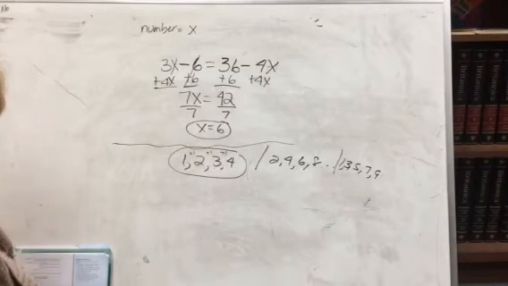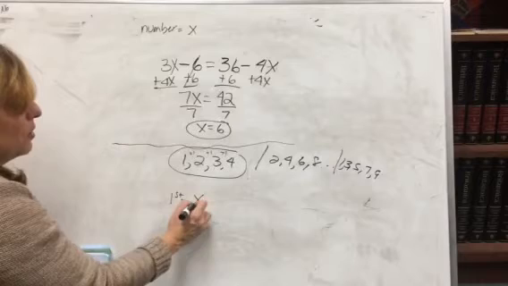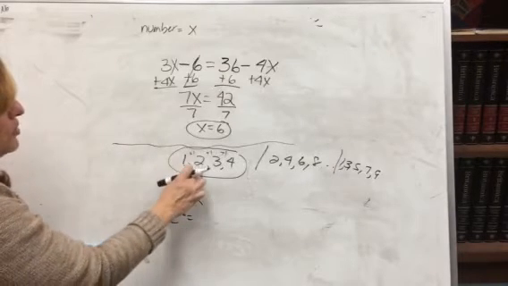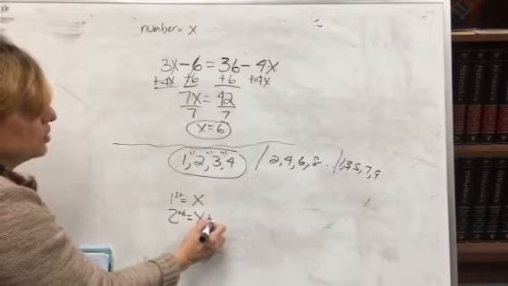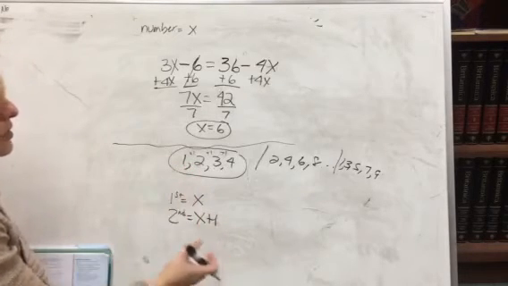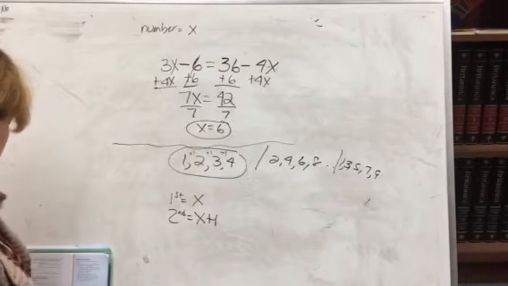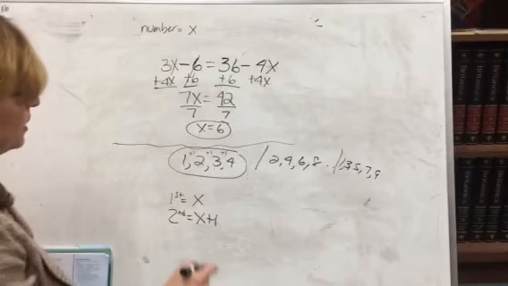It says the sum of 2 consecutive integers. The first integer is going to be x. We always start with x. What would the second integer be? I just add 1, so the second integer is x plus 1, because a consecutive integer is the next number. The sum of two consecutive integers is 49.